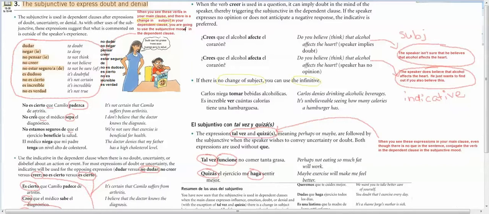So if you see these guys in your main clause, you're going to use the subjunctive.